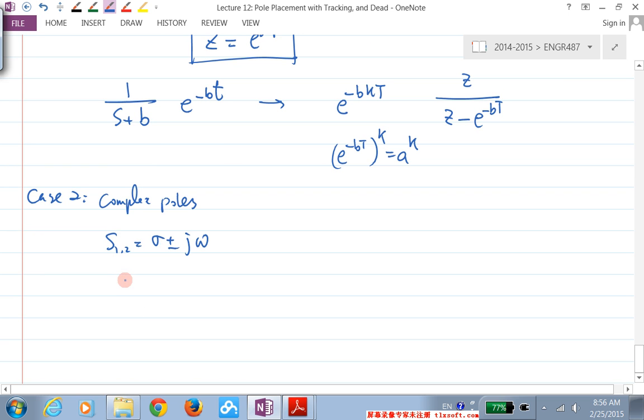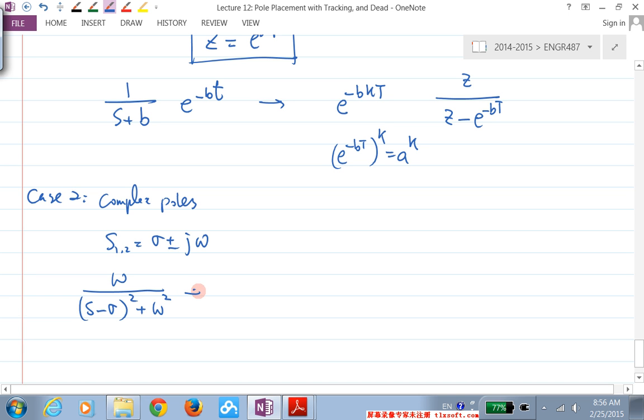Let's say maybe what you have here is a second order system, s minus sigma squared plus omega squared. You look at the denominator, and the poles of the denominator are sigma plus minus j omega.